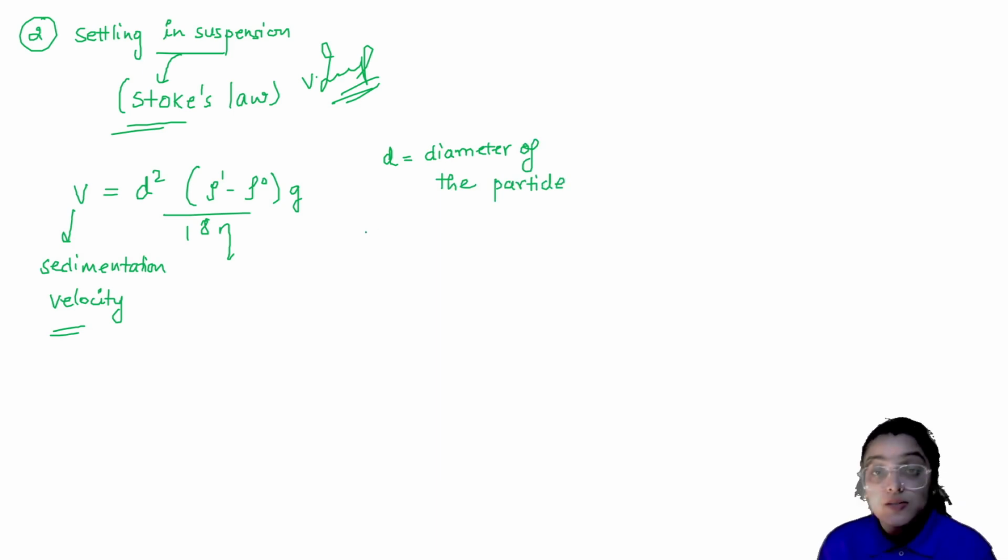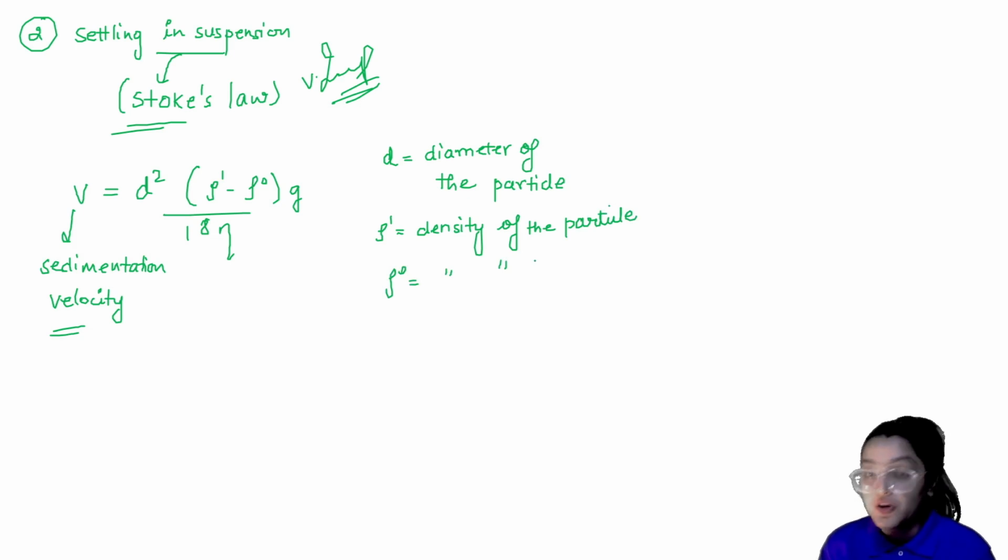This ρ1 will be the density of your particle. This ρ0 will be the density of your liquid. And this eta will be the viscosity of the liquid.